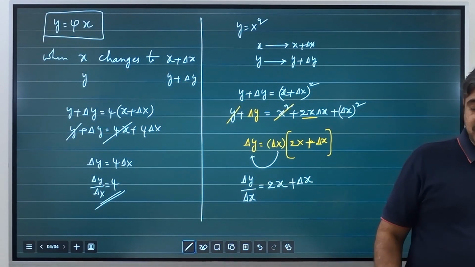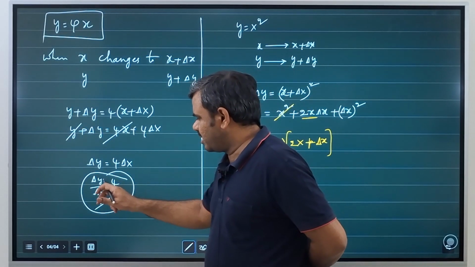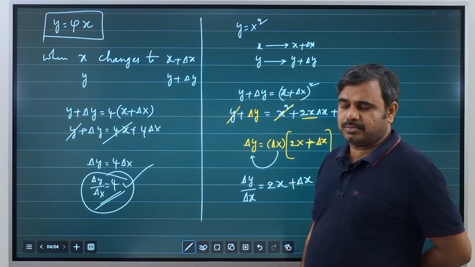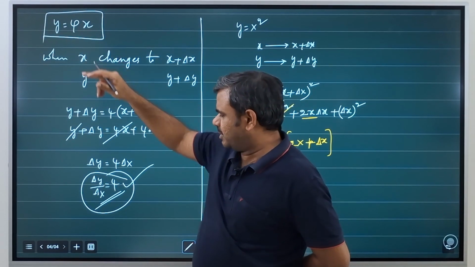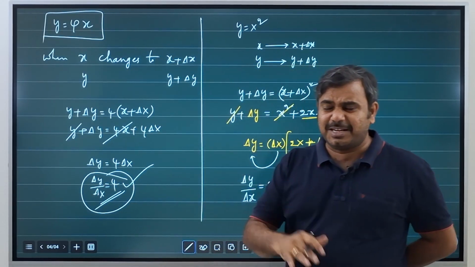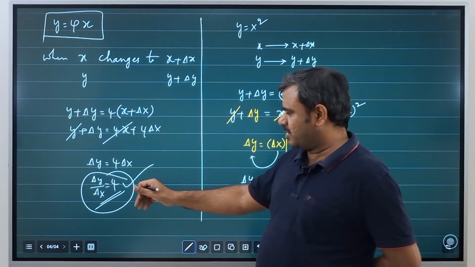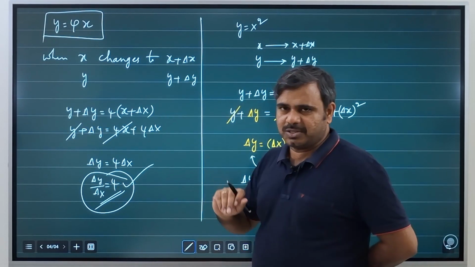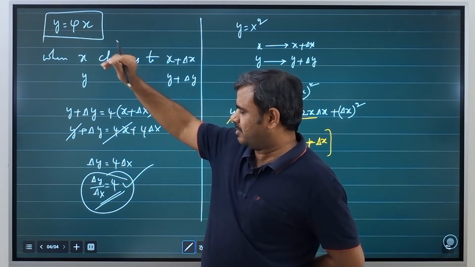So the rate of change in y with respect to x, in the previous case, we got a constant value for that function. When you found the rate of change in y with respect to x, we got 4. For any interval, for any values of x, if you find delta y by delta x, you will always get 4 in the case of that function.